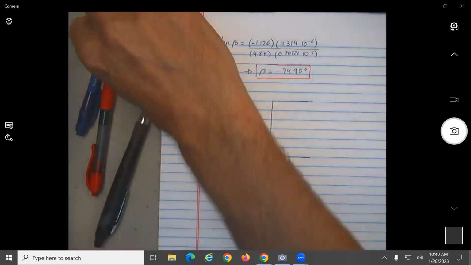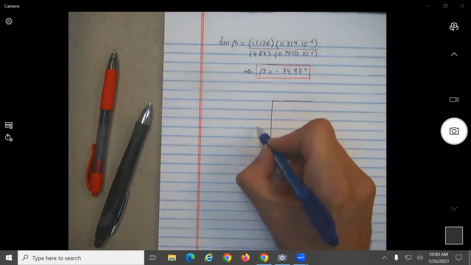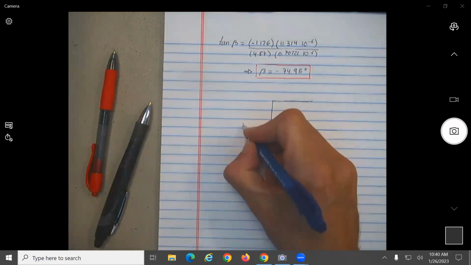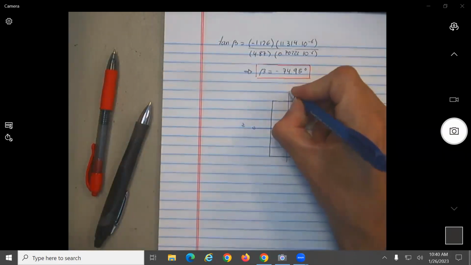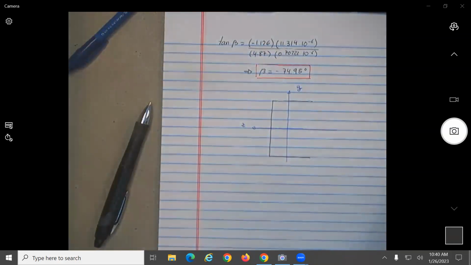so this is our original cross section where we had 1, 2, 3, 1, 2, 3. So we had this being the z-axis, this being the y-axis.